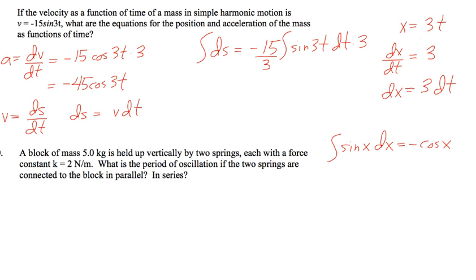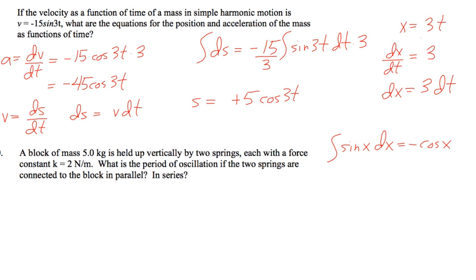And so solving, the integral of ds is going to be s. Minus 15 divided by 3 is minus 5. The integral of sine x dx is minus cosine x, so it's going to be minus cosine 3t. The minus now makes this plus, so plus cosine 3t.